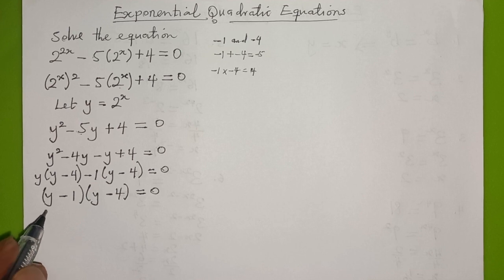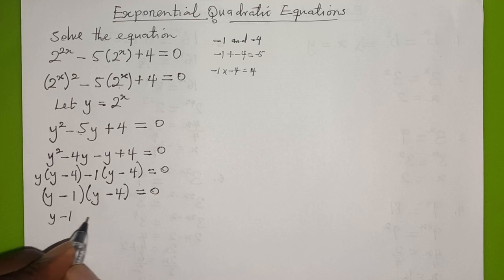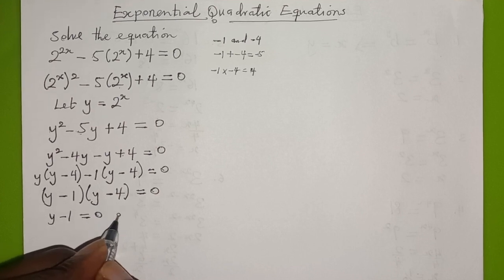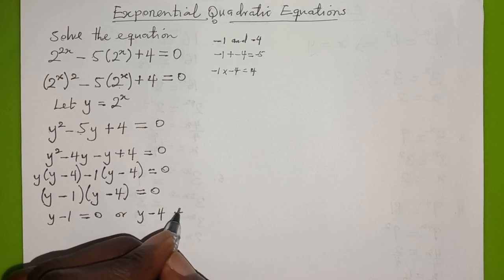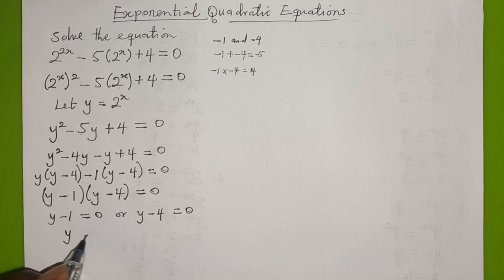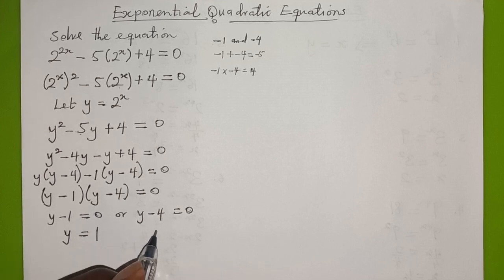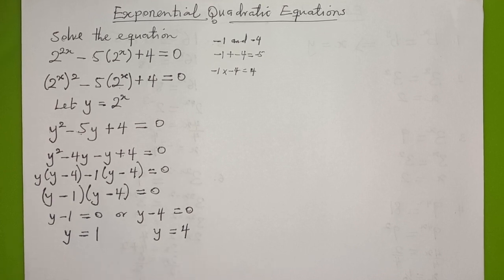So what's going to happen is that either y minus 1 is equal to 0 or y minus 4 is equal to 0. When we solve this side, what will happen is y will be equal to positive 1, and at this side, y will be equal to positive 4.